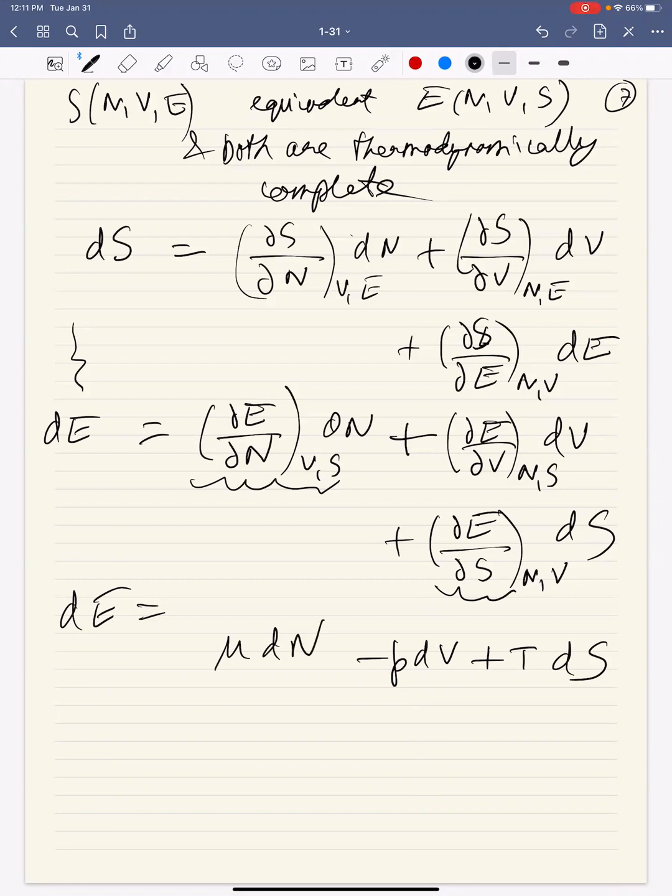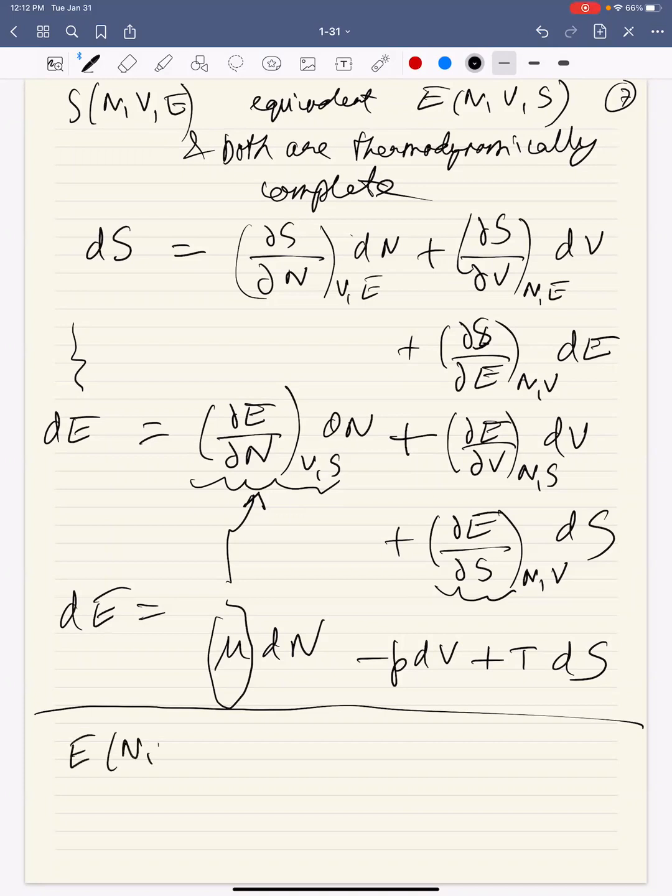Okay. So this chemical potential can be defined in many different ways. Here we defined it as partial E by partial N at constant VS, and we can define it many other ways. The reason we need to invoke these other ways is that I told you that E of NVT is not thermodynamically complete.